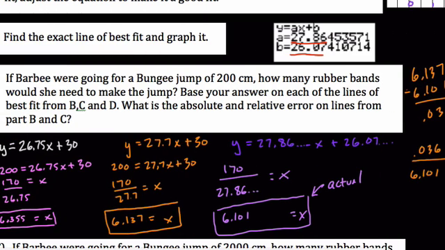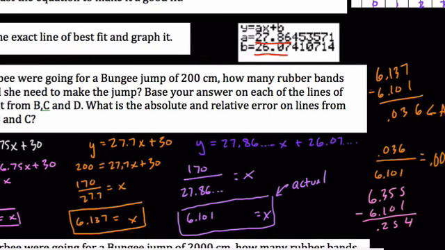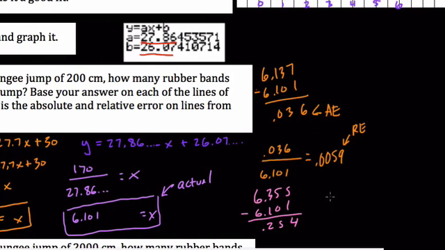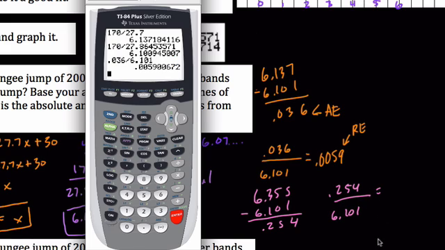So that would be what? We have 6.355 minus 6.101, and that's 0.254. It's a bigger error, and let's see what that is in terms of relative error. It's 0.254 over 6.101. This is our relative error now.